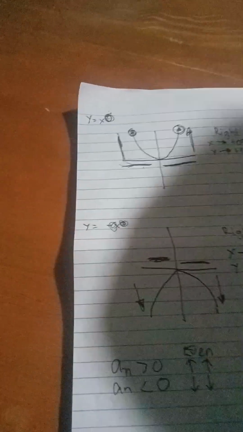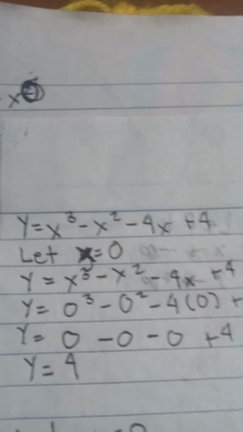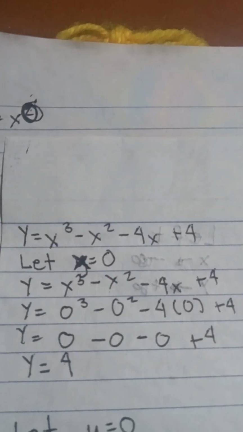Let's have a different example. Let's find the graph of y equals x cubed minus x squared minus 4x plus 4. Let's find first the coordinates. Let x be 0.